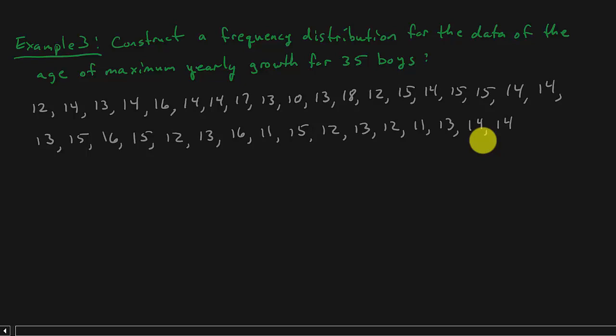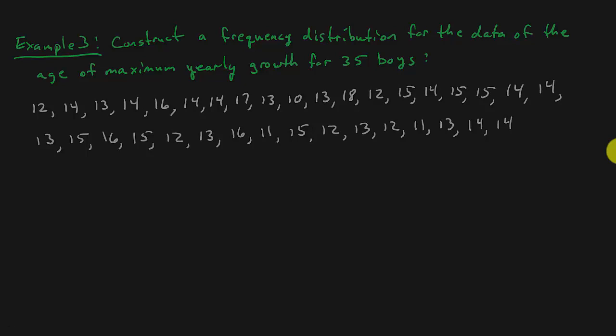You can see here it says construct a frequency distribution for the data of the age of maximum yearly growth for 35 boys. I'm assuming what the author means is that at this age, this was the maximum that they grew in any year.